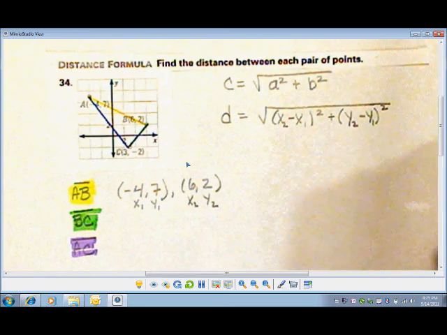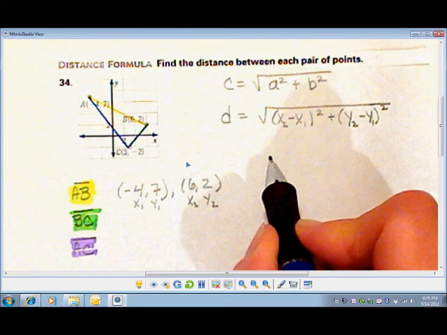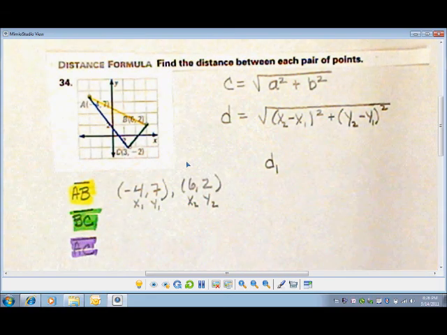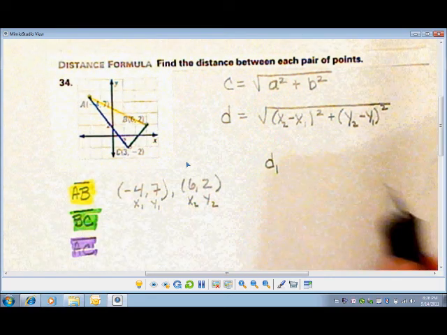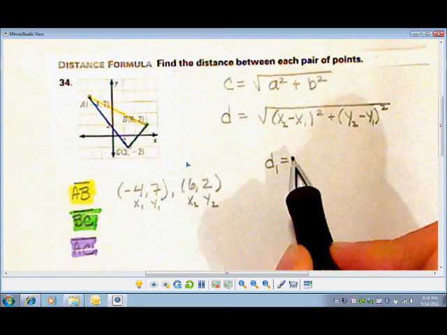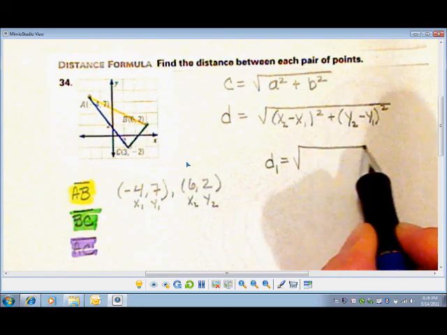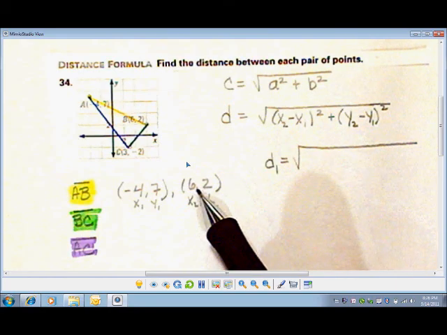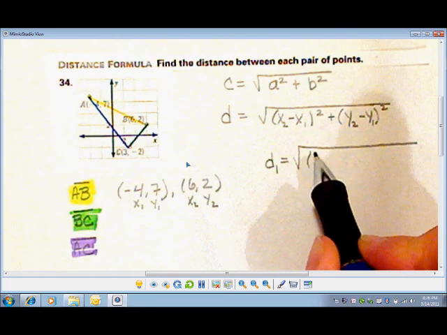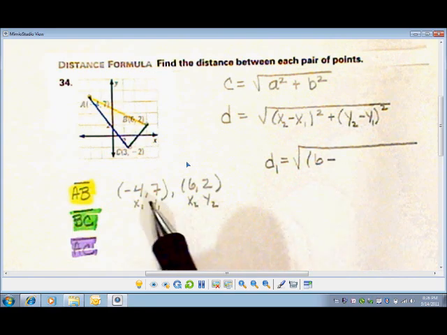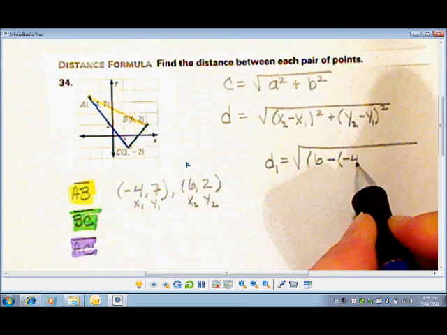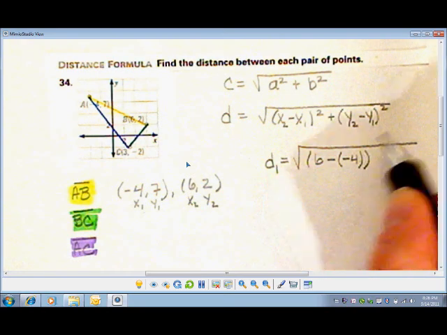So that means that my distance, we're going to call this distance 1. My first distance is, for AB, I'm going to substitute in x sub 2, which is 6, minus x sub 1, which is -4. Ooh, be careful here. Notice how I had to write that.